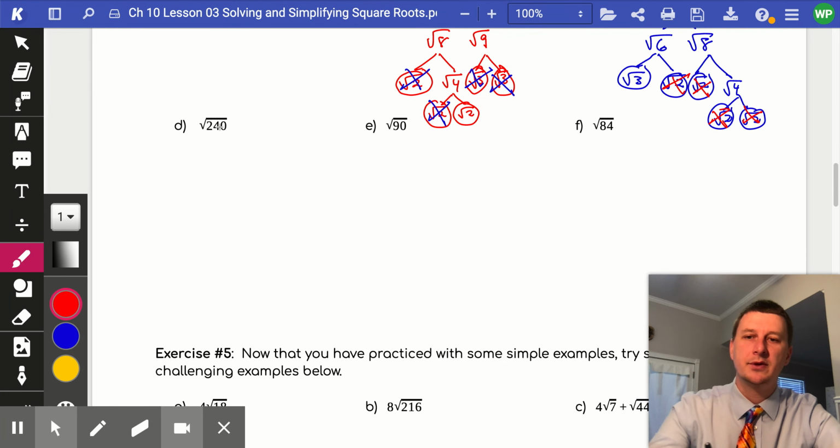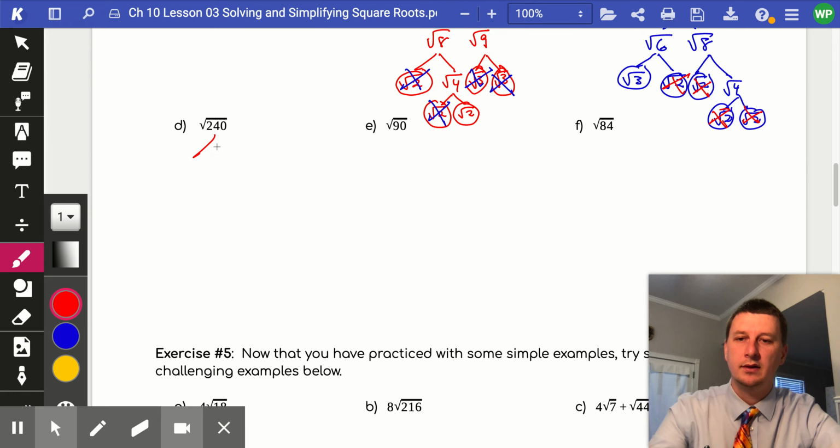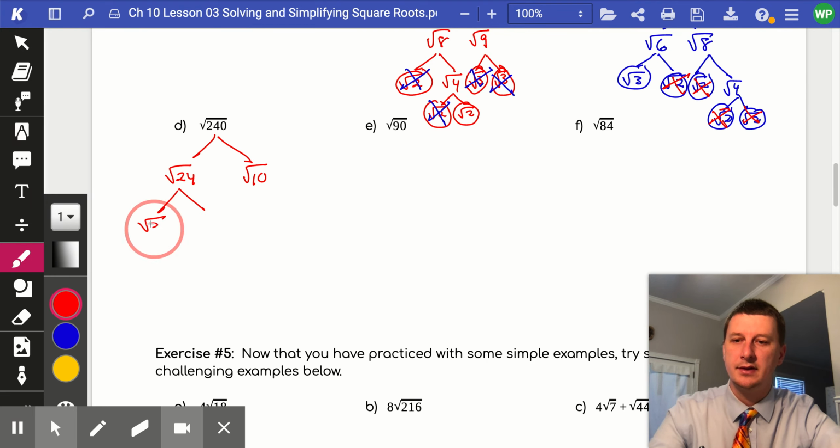If we go to the square root of 240, well, yeah, 2 goes into 240, but I'm going to start off with 24 and 10, because for numbers that end in 0, we could skip right to 10 and 24. And then 24, I might see that it's 3 times 8. 3 is prime.